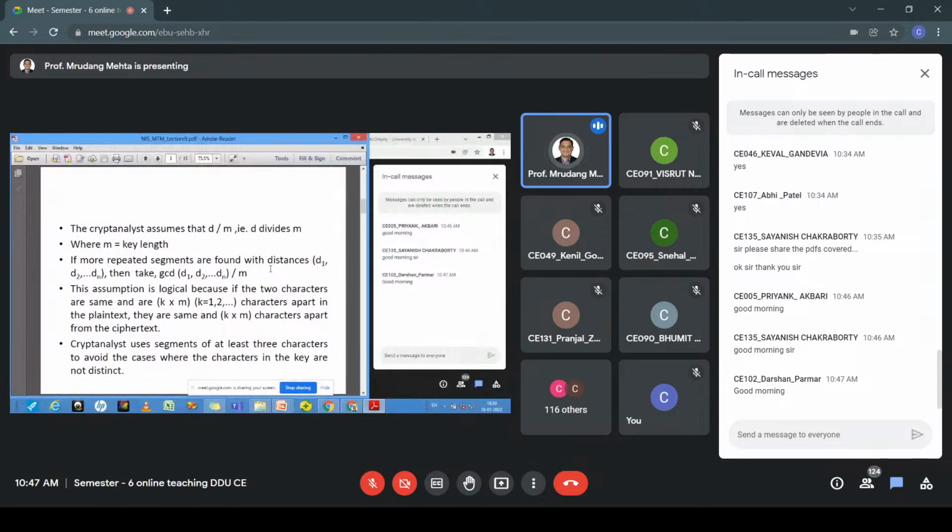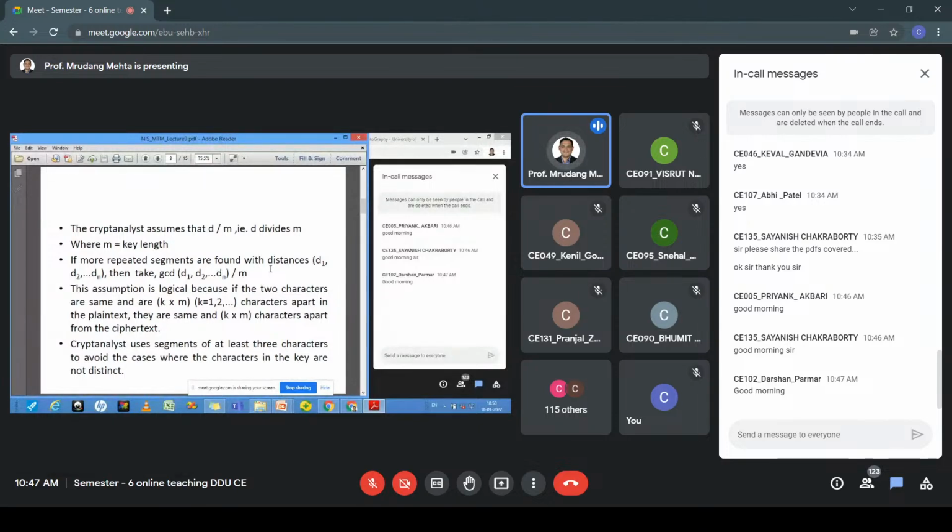But if several segments are found repeatedly, then we have different distances, and in that case we take the GCD of those distances, D. D divided by M gives the key length which we are guessing. So M should be chosen such that D divides M.